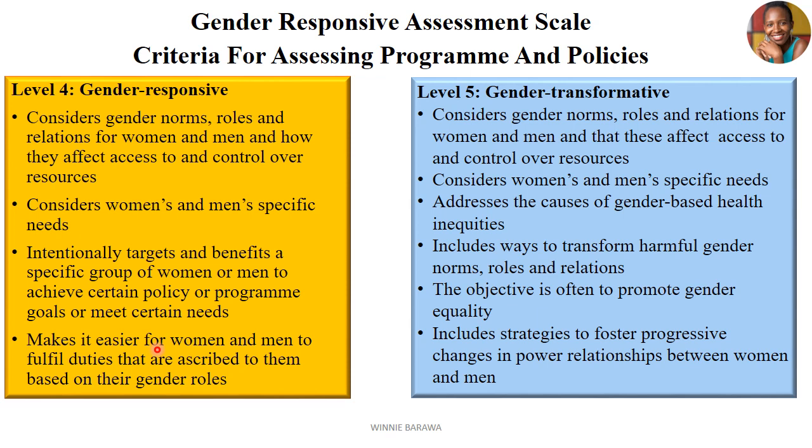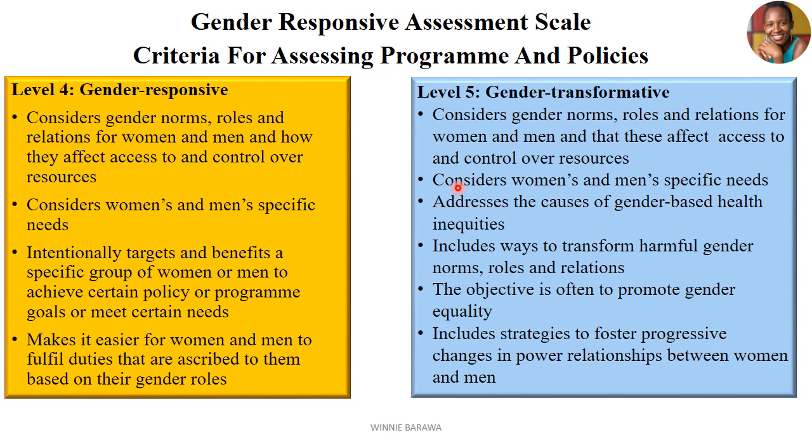And the last level is what we call gender transformative, which is the highest level. With gender transformative, it has achieved good awareness. So it has considered gender norms, roles, and relations for both men and women and how this affects access and control over resources.